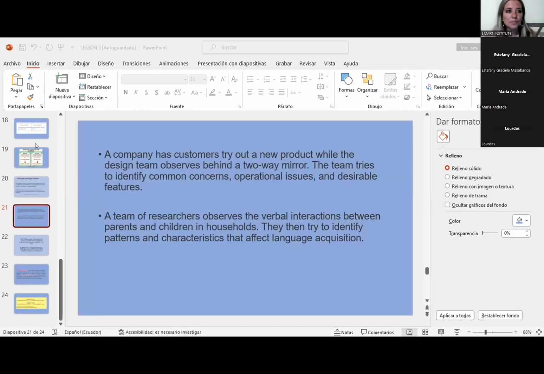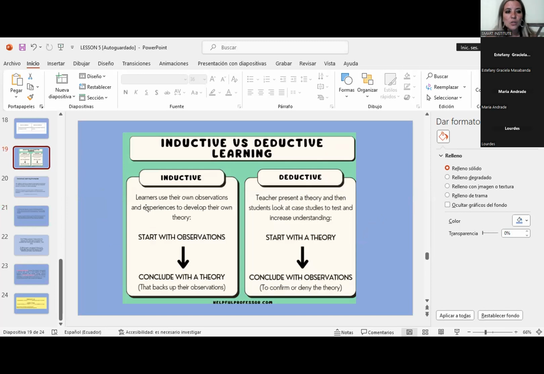After that, you can focus on grammar. You have them maybe produce the language first. Okay, so look at this. Inductive starts with observation. You have the students make experience to develop the grammar. After that, you explain the grammar.